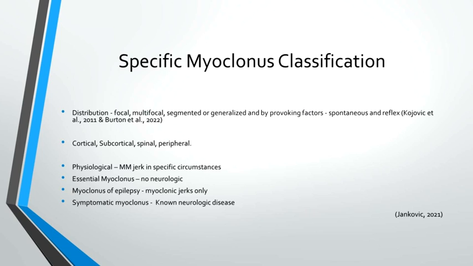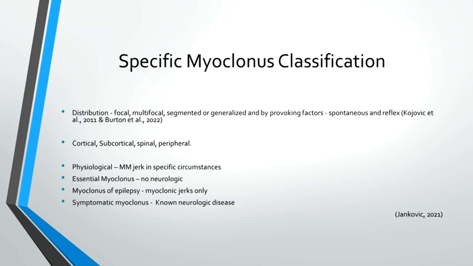So it can be spontaneous or a reflex. What that means is if somebody is just sitting there and all of a sudden has this myoclonic jerk, that would be a spontaneous one, versus a reflex, and we'll talk about some of those coming up. Whereas if somebody were to scare them from behind, or a bright light, or some sort of impulse sets that one off.